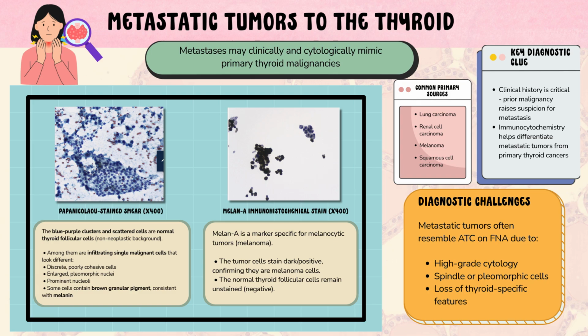In this image, the tumor cells stain positive, appearing dark, while the normal thyroid follicular cells remain negative. Therefore, clinical history is crucial, especially a known history of extrathyroidal malignancy. Immunohistochemistry plays a key role in confirming the tumor origin and preventing misdiagnosis.